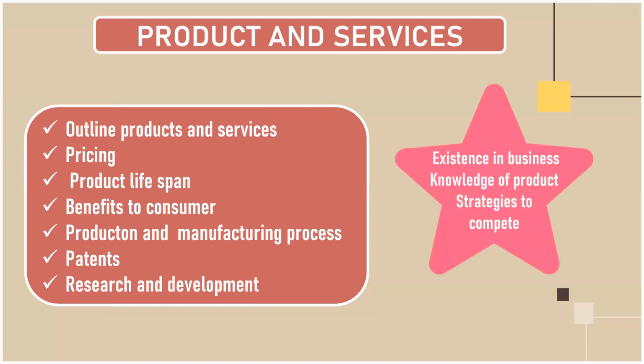The product and services determine whether the business will be able to survive in the market. The knowledge of the product is very important, because you have to provide knowledge to the investors as well as to the employees about the product and the strategies you have planned to compete with the existing products in the market.